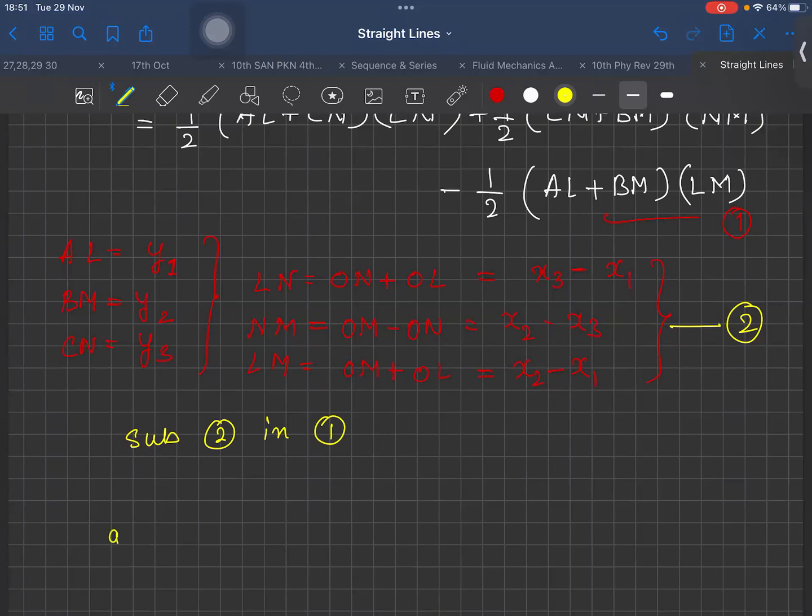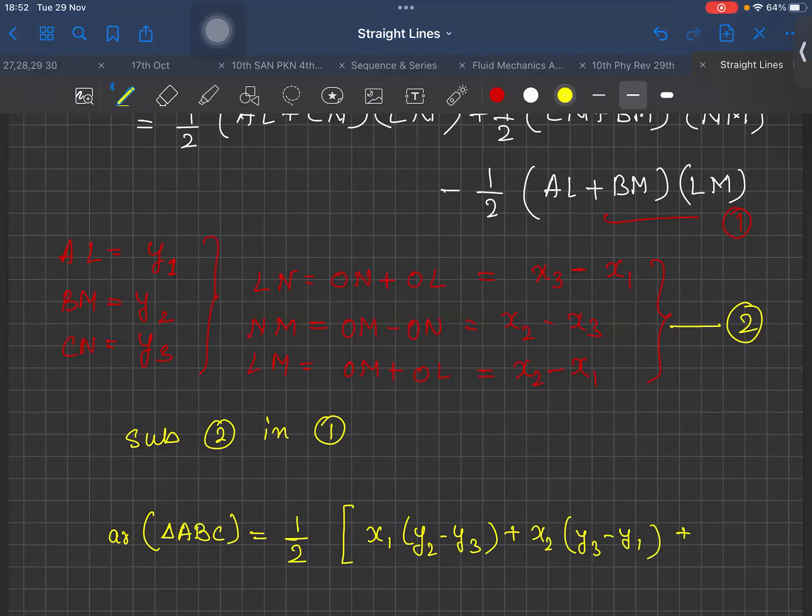So area of triangle ABC will be equal to, I'm just directly writing the answer, half. Okay. So this is the area of triangle, and we will put this in modulus sign.